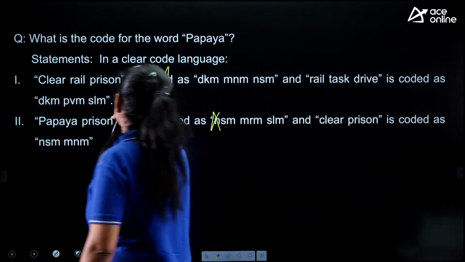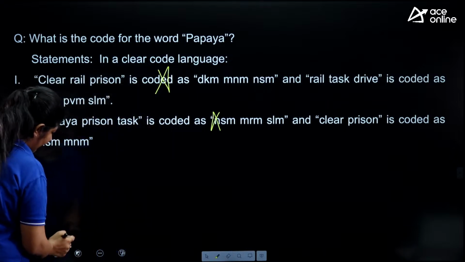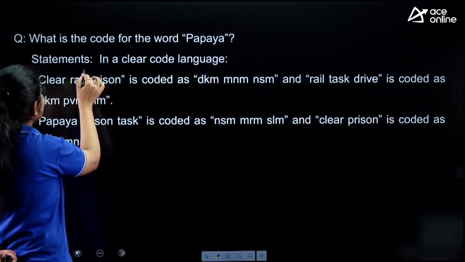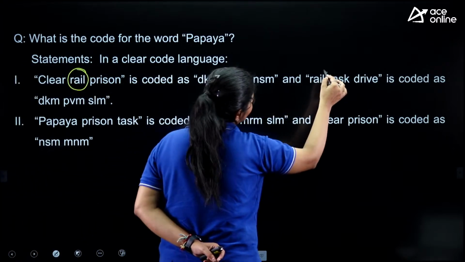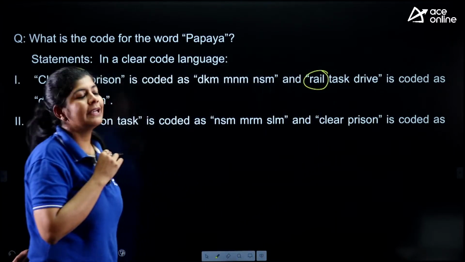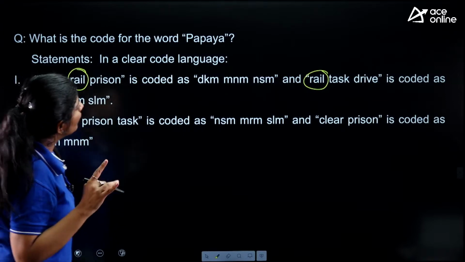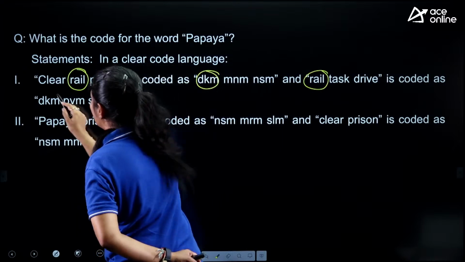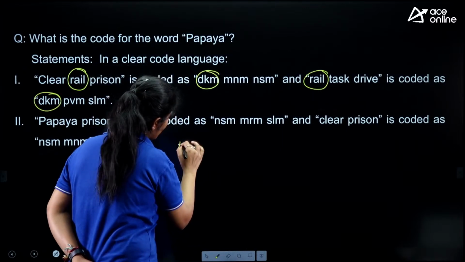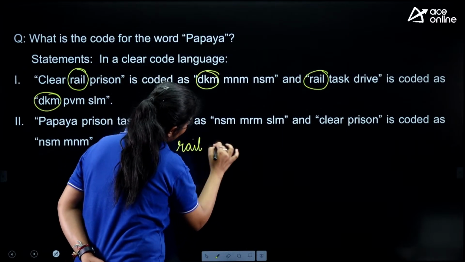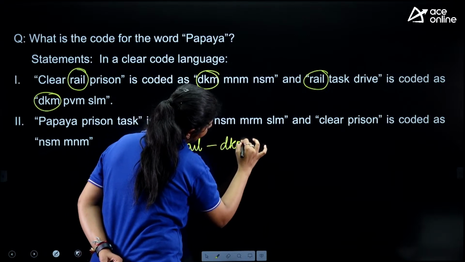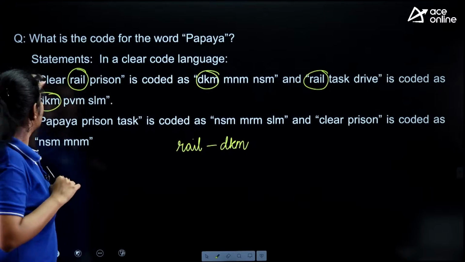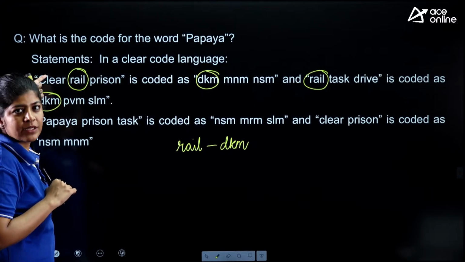Now, if we combine them together, here we have a common word, rail, and the common code that we have is DKM. So from this we can say that rail is coded as DKM, right? Apart from that, can we say anything from statement number 1?